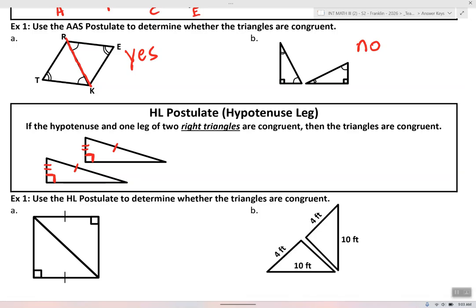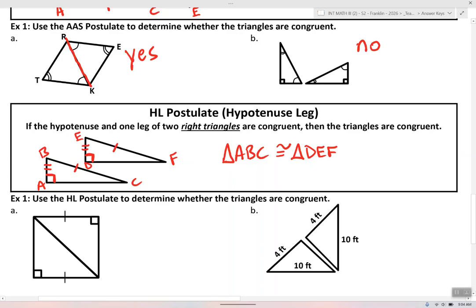So hypotenuse leg, we have the 90-degree angle. We have two sides, one of them being the hypotenuse. Then these two triangles are congruent. And again, that uses the fact that one of these angles is 90 degrees, and that kind of locks in the other angles as well with those two sides.